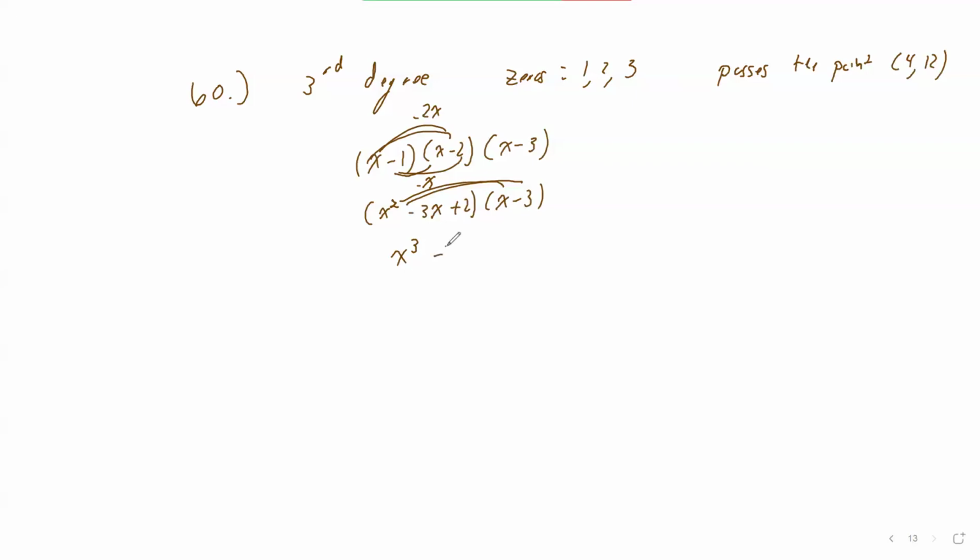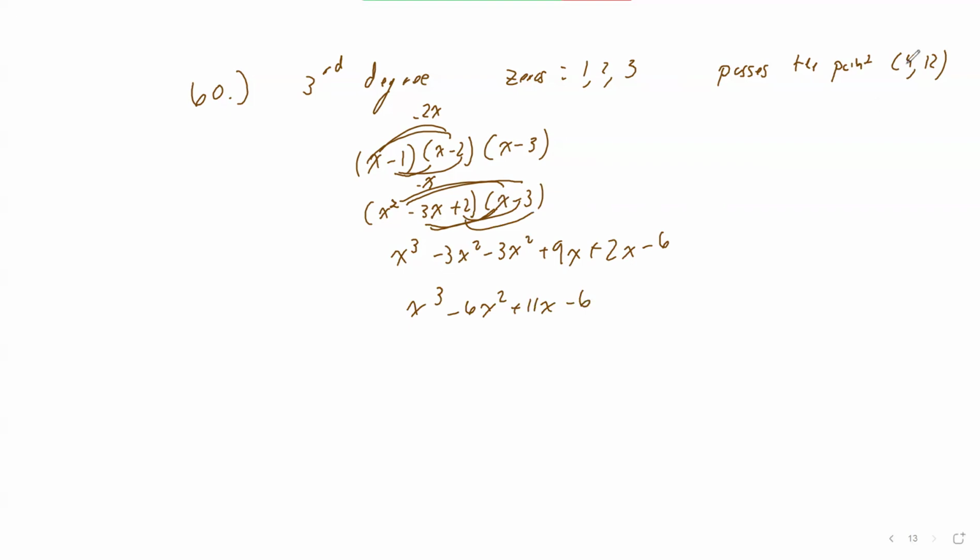X squared times negative 3 is negative 3x squared. Negative 3 times x is negative 3x squared. Negative 3 times negative 3 is positive 9x. 2 times x is 2x, and 2 times negative 3 is negative 6. So this will give me x cubed minus 6x squared plus 11x minus 6.